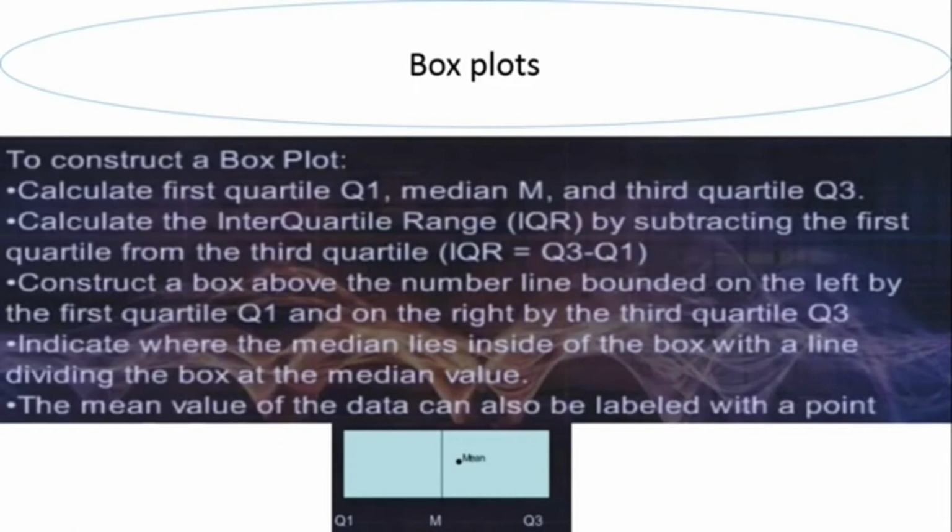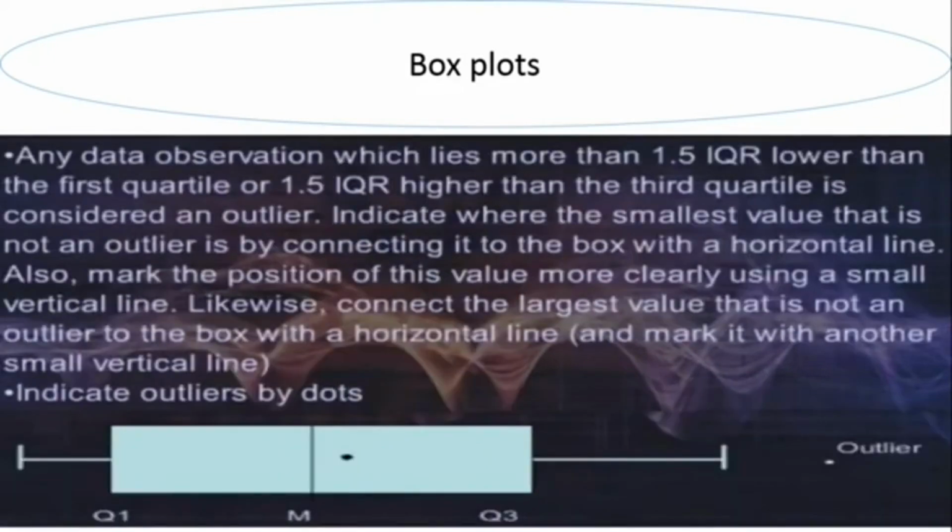Any data observation which lies more than 1.5 times the interquartile range lower than the first quartile, or 1.5 times the interquartile range higher than the third quartile, is considered an outlier.